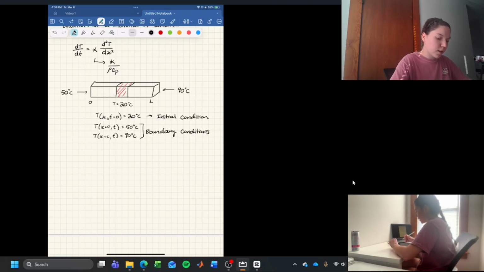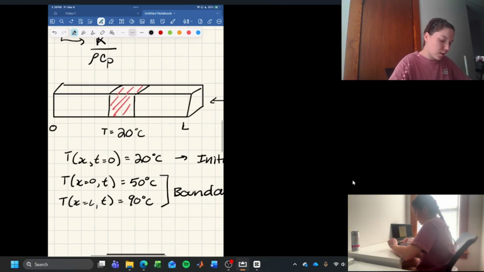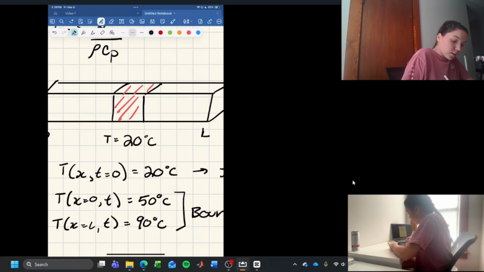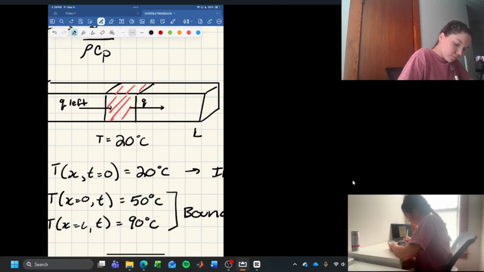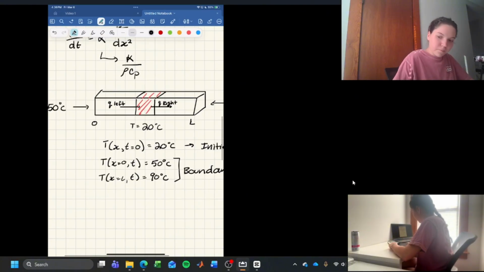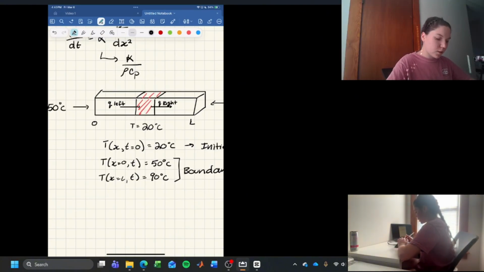So then looking at the pink area that we had before, we know that heat is coming in and then heat is also coming out. And we can write this as Q left and Q right. And then using this information, remember that we're trying to find the total heat flow.